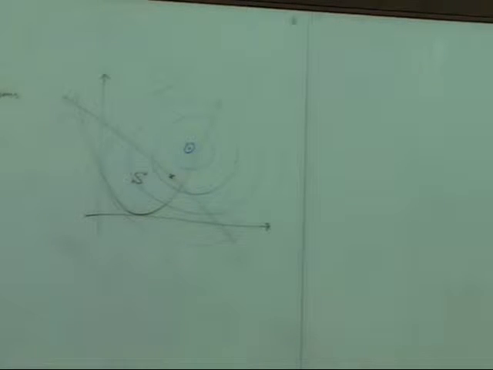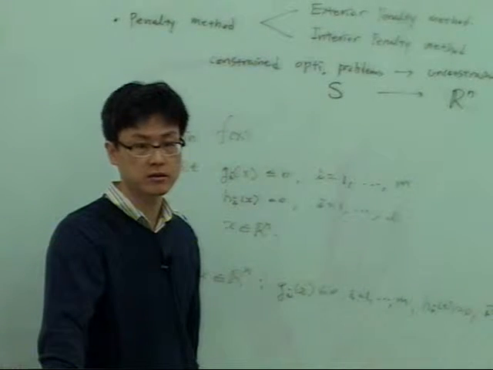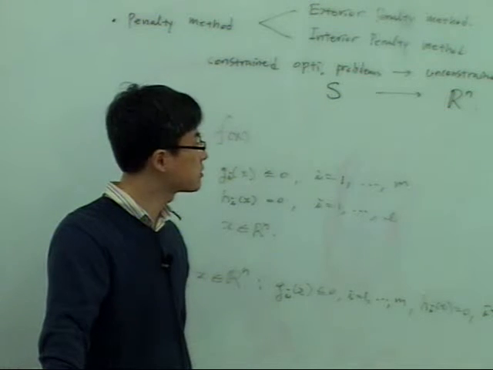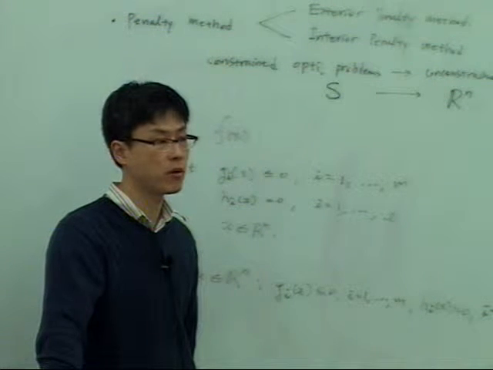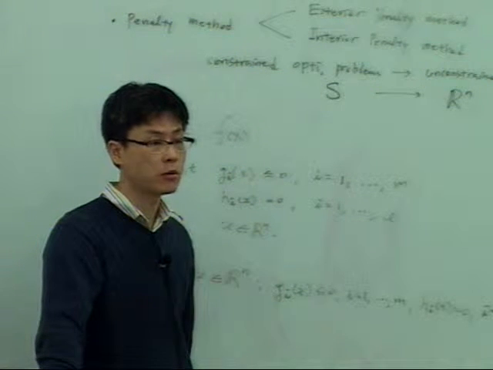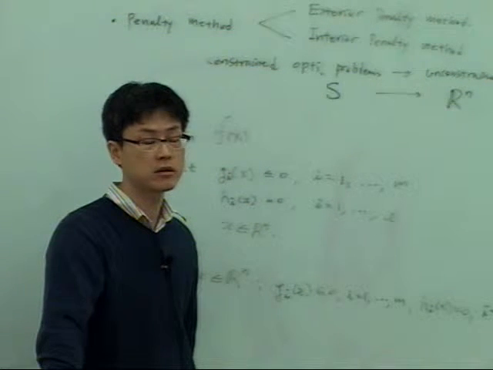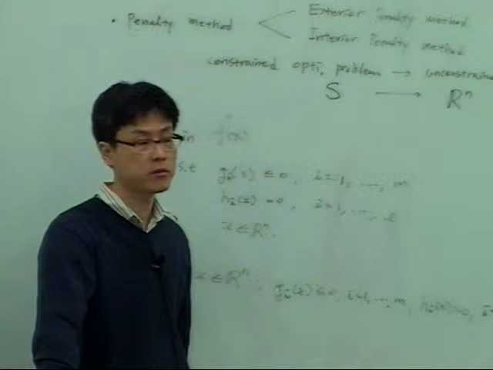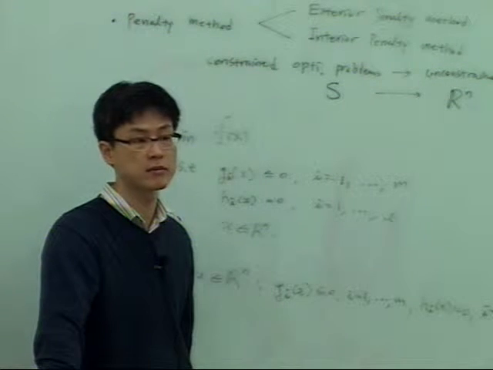However, if you look at the KKT condition, there are lots of gradients: all the gradients for the objective function, for the equality constraint, and for the inequality constraint, which is very computationally expensive.